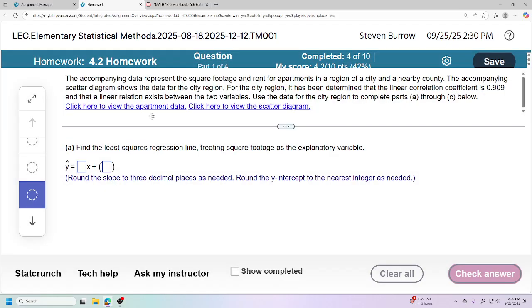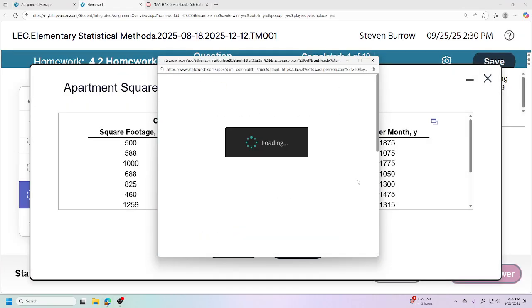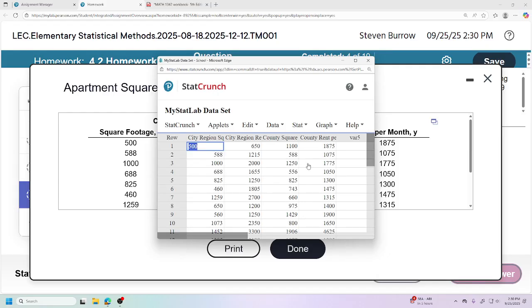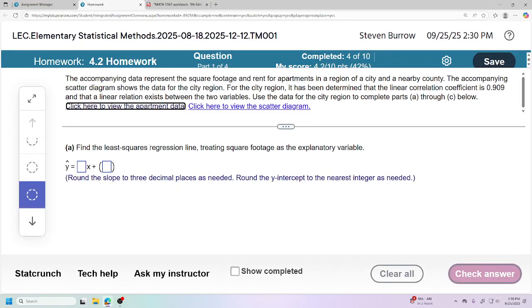And then the last one here, apartment data. Again, it looks like a lot, but when you actually go here to StatCrunch, it's all done for you. And there's a small key trick. I know it looks like a lot, but hold on for a second. If you go back to the actual question, it'll say, blah blah blah, right there. Do you see that?